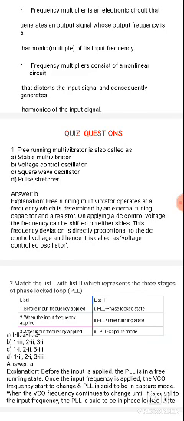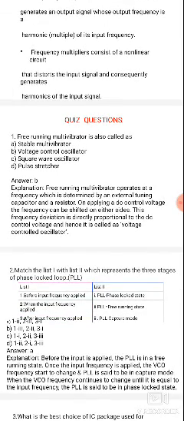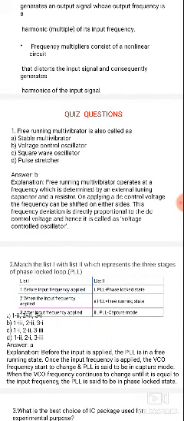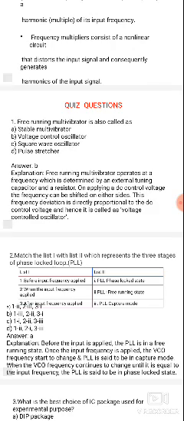So a frequency multiplier consists of non-linear circuits. A linear circuit is one where the output follows the input signal. In a non-linear circuit the output and input will be different. The frequency multiplier consists of a non-linear circuit. The distortion of the incoming signal consequently generates the harmonics of the input signal. So the output is the distortion of the input signal, generating harmonics of the input signal.